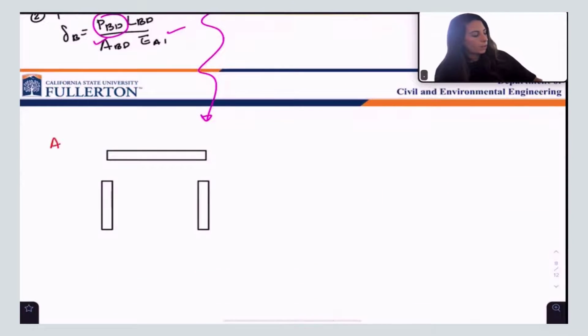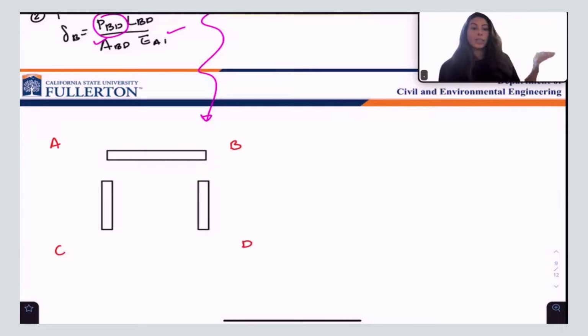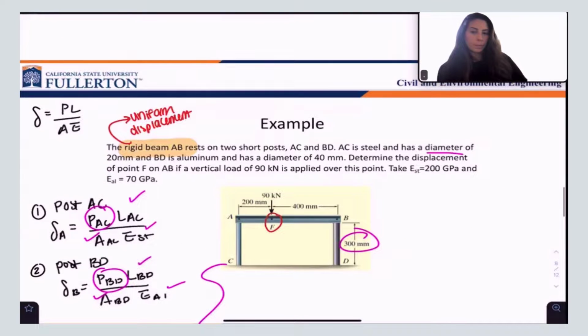So we have A, B, C, D. I'm just going to draw them far apart so there's room to draw the other things I want to draw on here. Okay. Let's start with this 90 kilonewton load. So we have a 90 kilonewton load that was given in the problem.